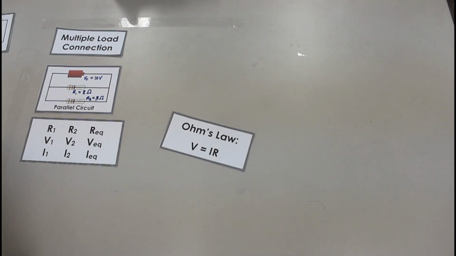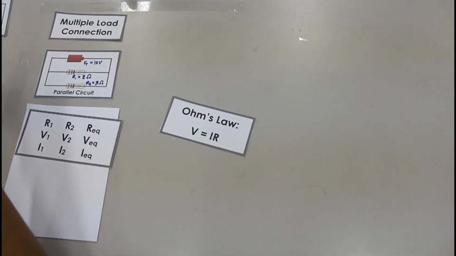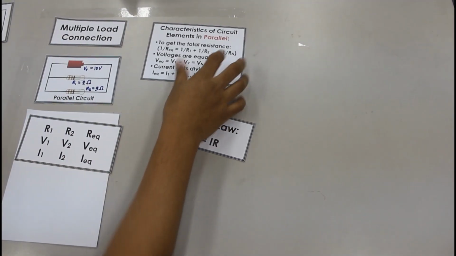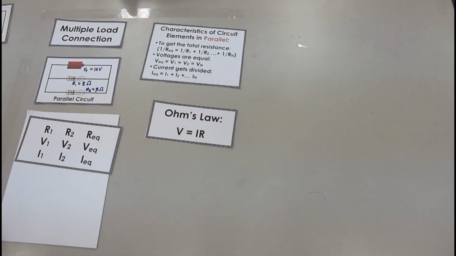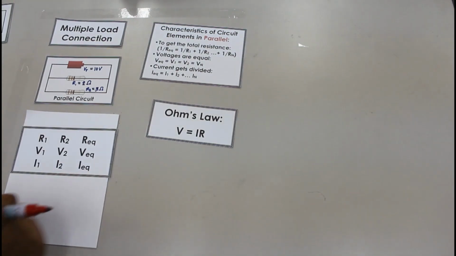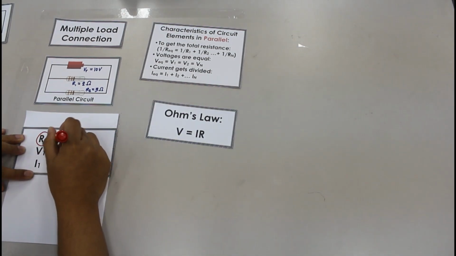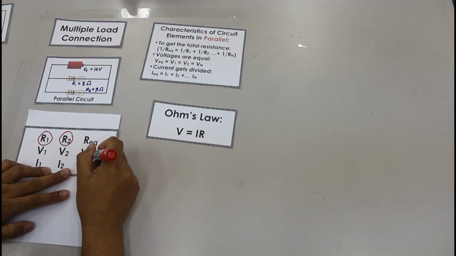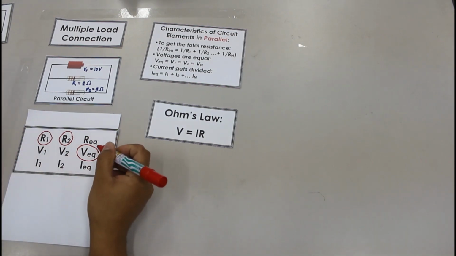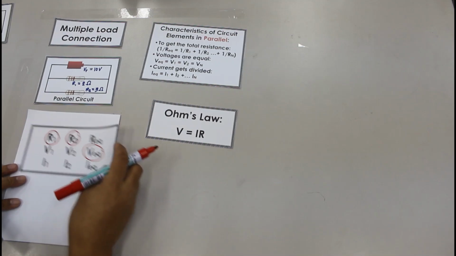And in order for us to solve this, we shall once again recall our guide for the big characteristics of parallel circuit connections. First, we can encircle those that are given in our problem, R sub 1 and R sub 2. We are also given our equivalent voltage, and we can start solving.